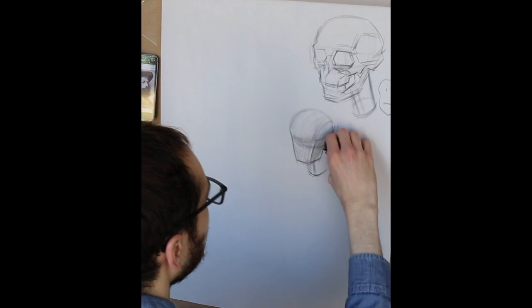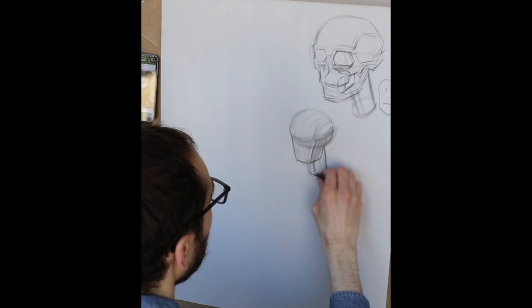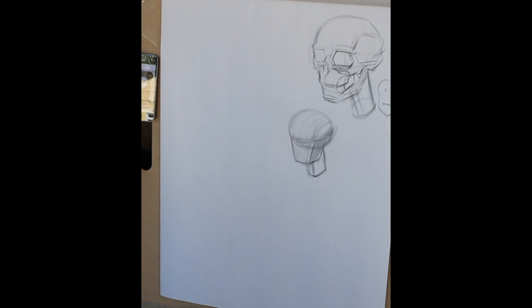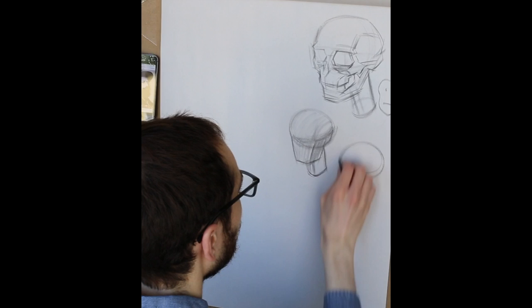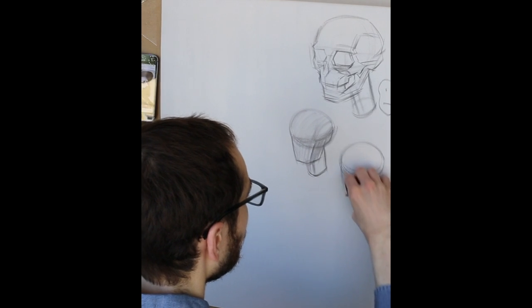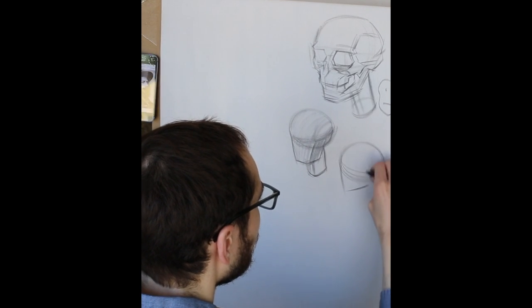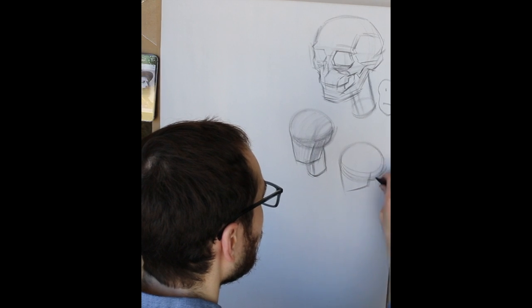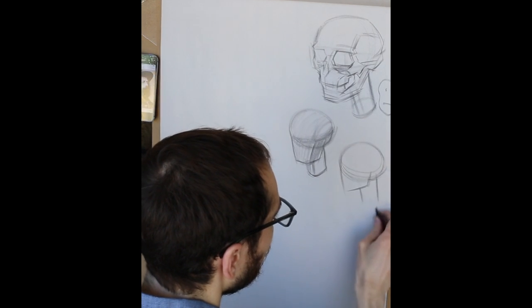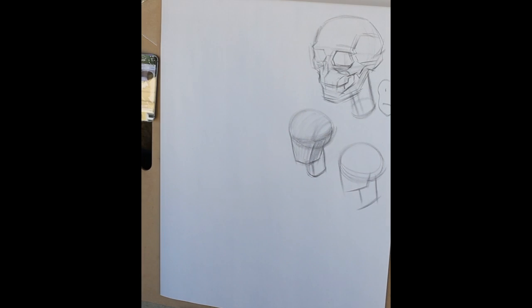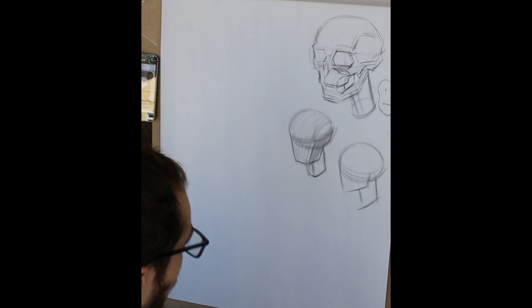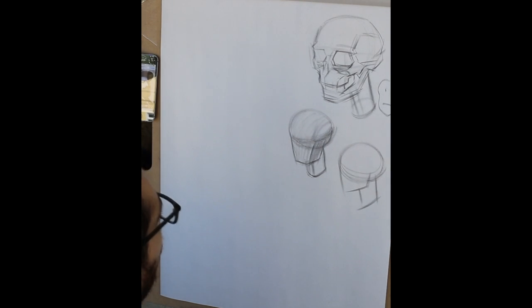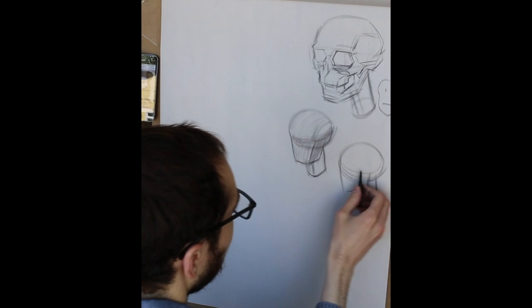And the neck can be represented by a simple cylinder. So once you memorize this, you'll start to think about the head in a different way, and you'll be able to draw the head in all kinds of situations, all different angles from your imagination.